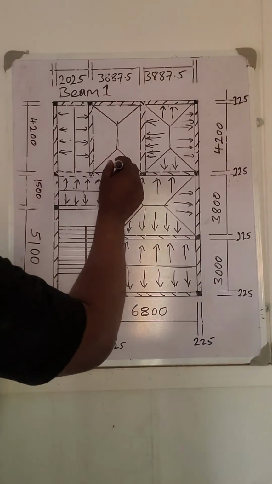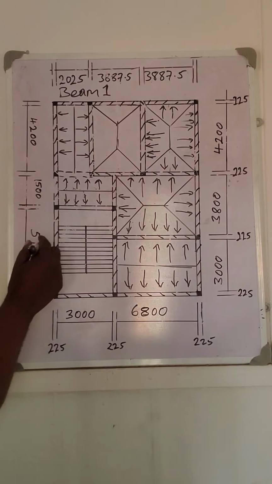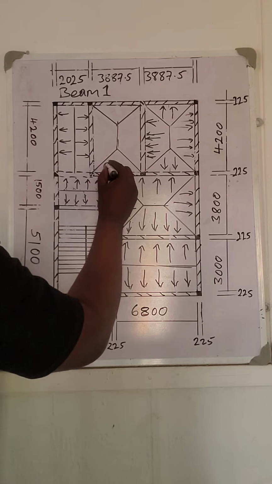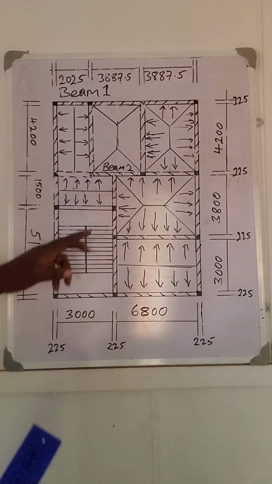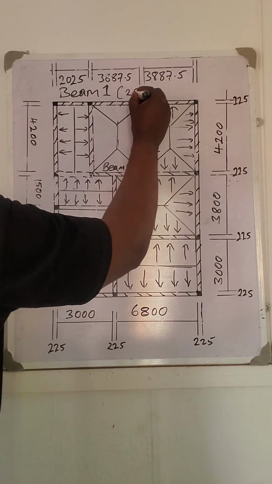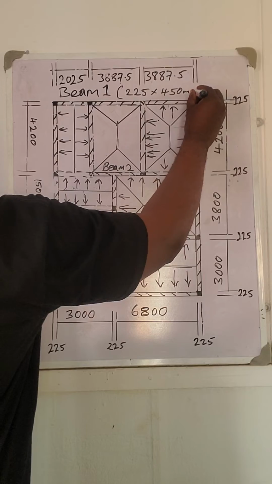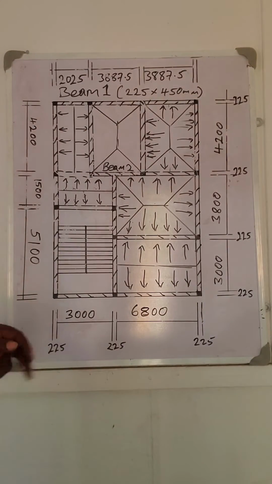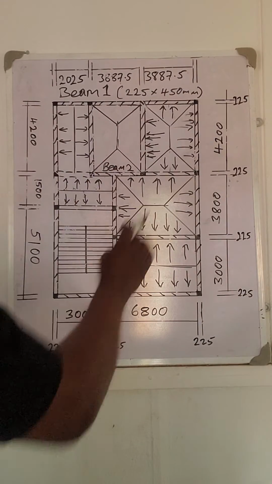Let me call this one beam 2. You remember we are saying 225 by 450 mm. Recall that all dimensions are in millimeters. All the beam sizes are 225 by 450.